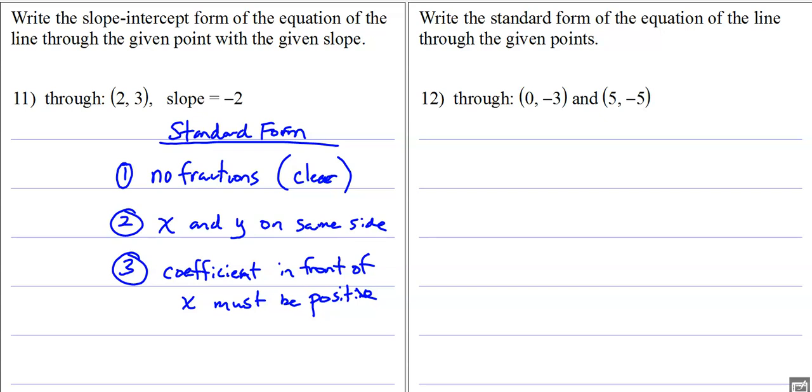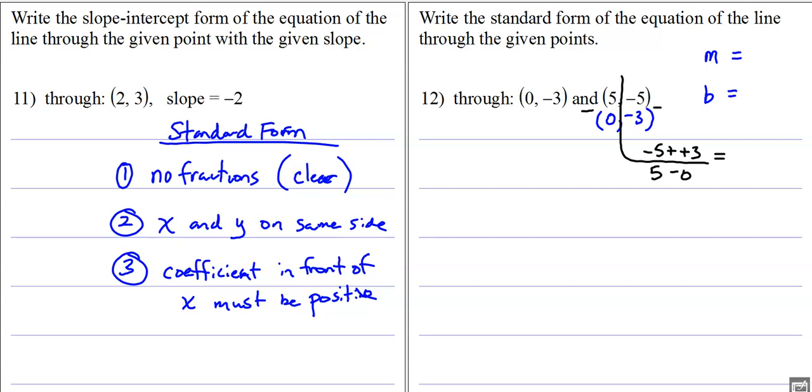All right, so anytime I need to write an equation, I need an m, I need a b. I got neither one. So let's try to find the slope. I'm going to use the slope slide. I'm going to just stack up the points because I like using this thing. It keeps things straight. So I subtract my coordinates. I have y minus y, x minus x, which if you need to do this in your calculator, go ahead.